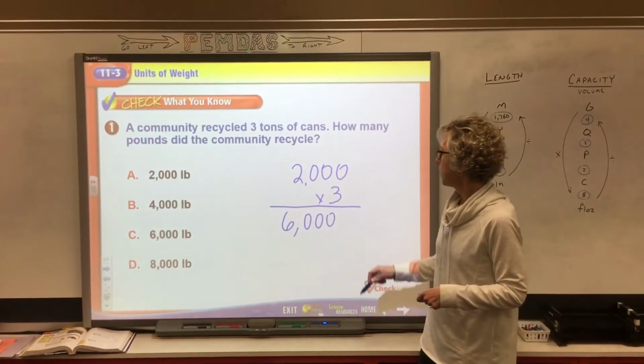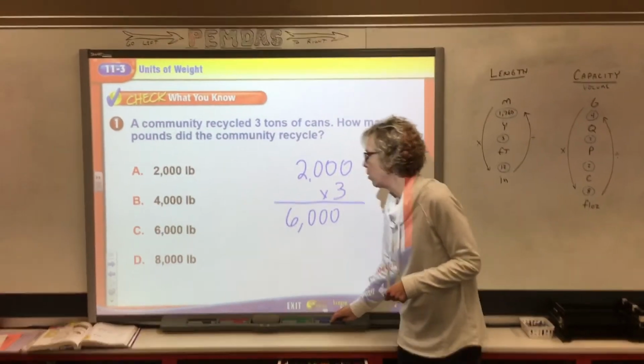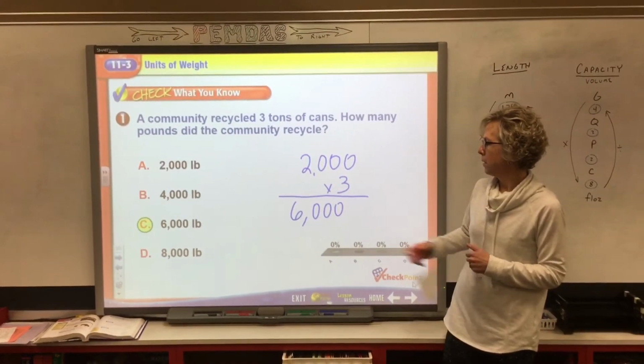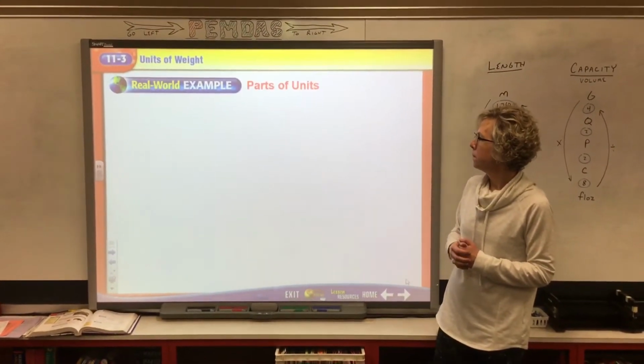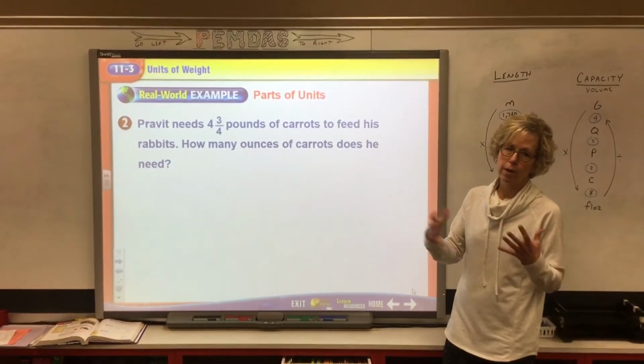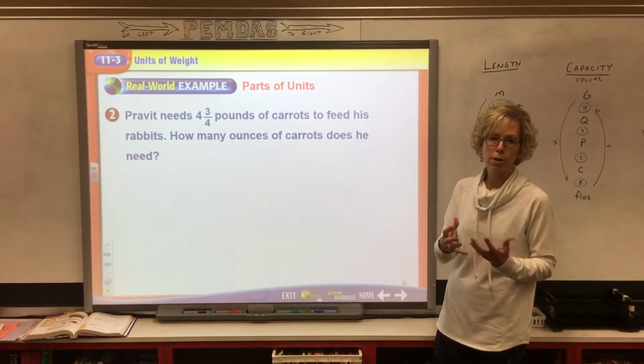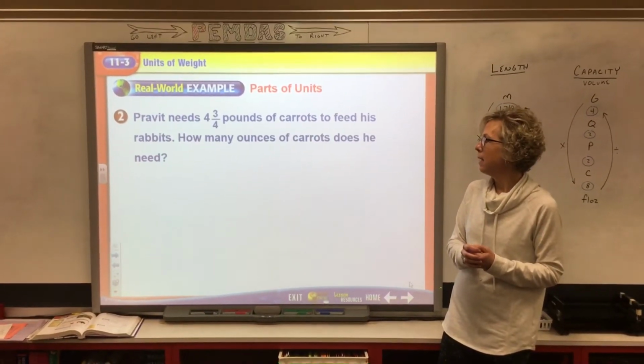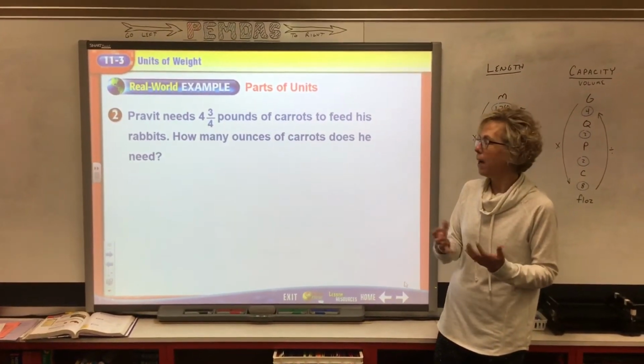So 3 tons of cans would be 6,000 pounds. Sometimes we've had some really nice problems where they work out evenly. They don't always work out that nicely, but using the math skills that we already have, we can solve them.